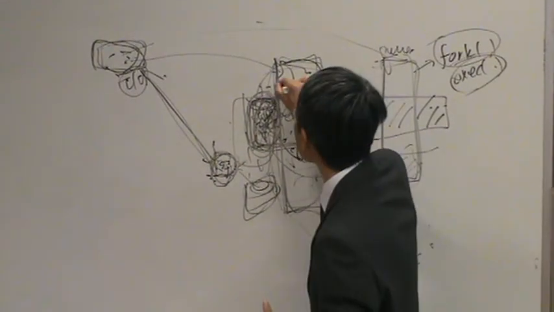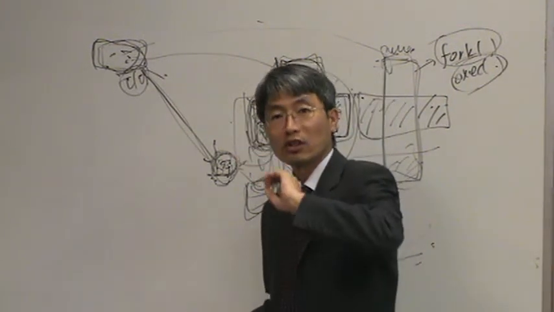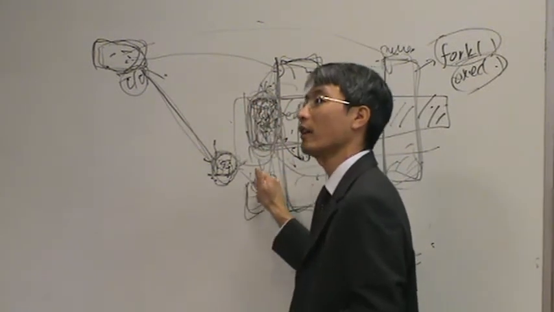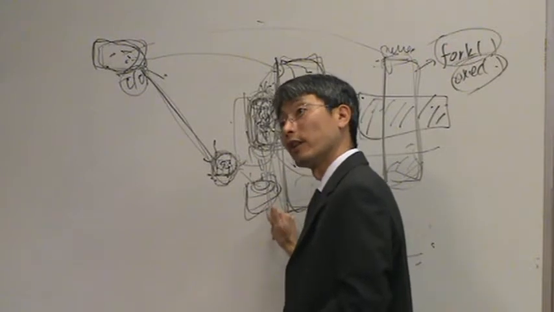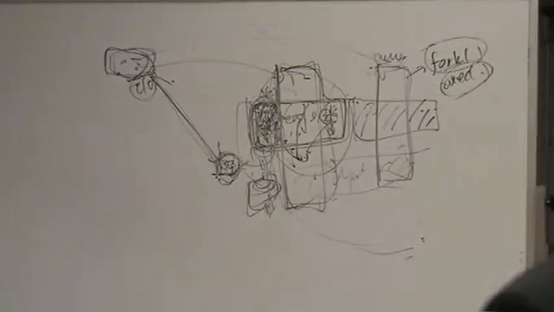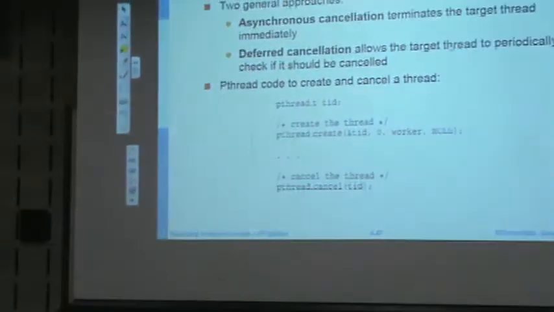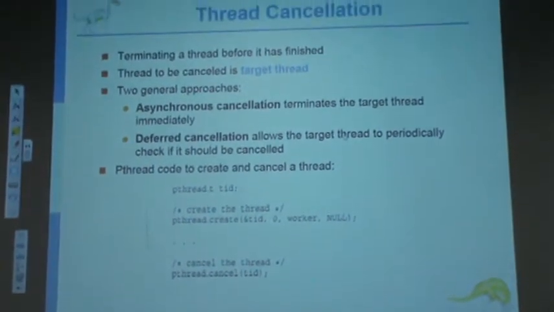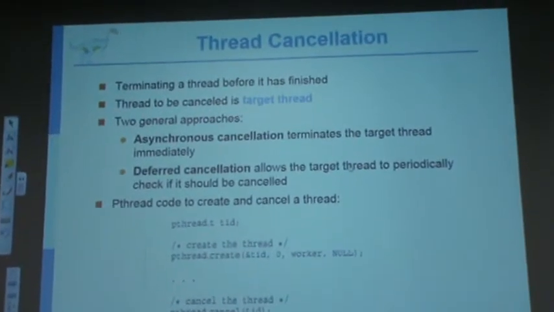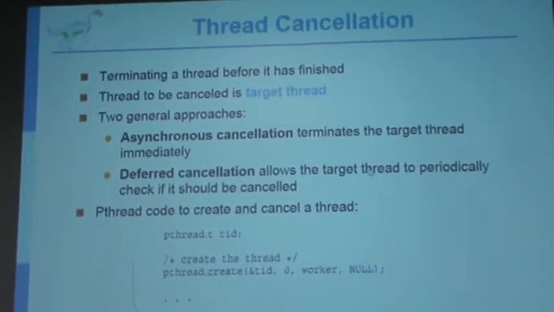So you can just inform the thread, why don't you stop your job? But this thread will not be terminated right away. Instead, until the current process is done, it will be completed. Once the current process is done, that is called deferred cancellation. Probably when you are doing Java programming for threads, you can make a runnable thread object, then you can start and you can stop.